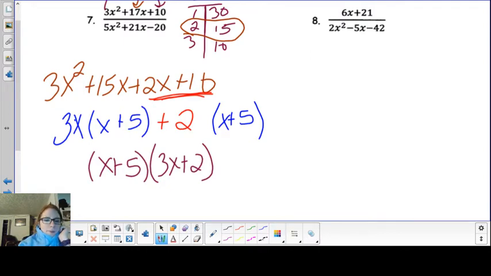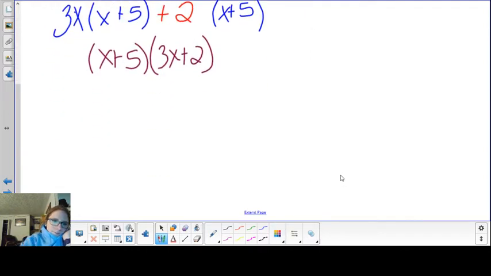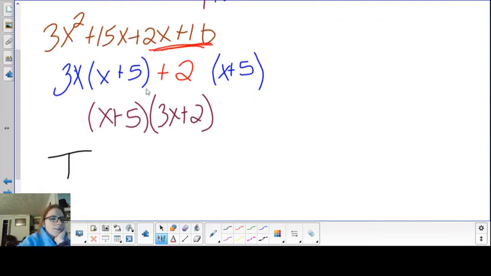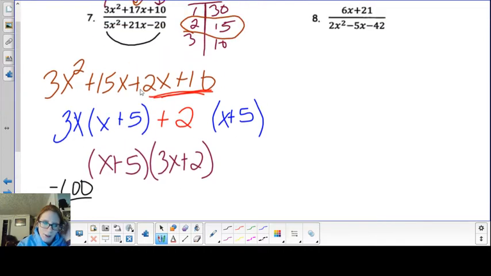So on top of my big capital T, I'm going to put the multiplication of the first number with the last number. So 5 times negative 20, which is 100. And that's a negative 20, so it's a negative 100. So what multiplies to negative 100 adds to a 21?